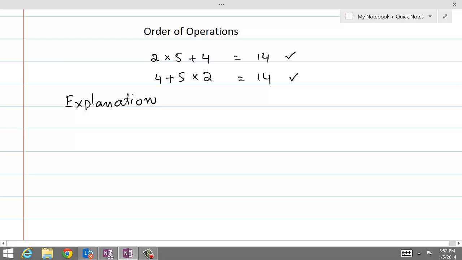If a calculator was to make calculations, it will calculate 4 plus 5 times 2 this way: first it will multiply, so that will give us 10, and then it will add, and then it will become 14.